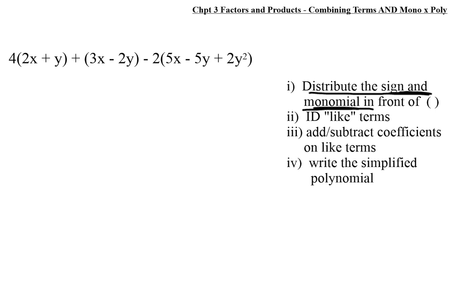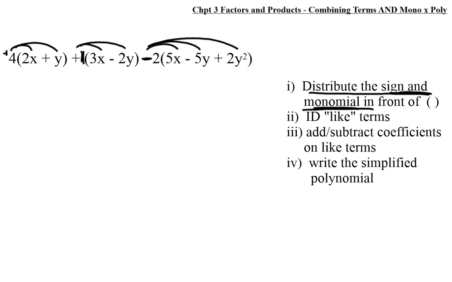Well, positive 4 needs to be distributed twice. Positive 1 needs to be distributed twice. Negative 2 needs to be distributed 3 times. And note that it's a negative 2.